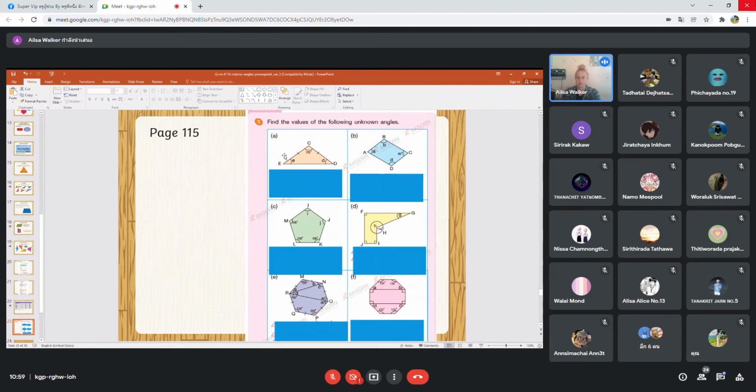We could do 180 minus, what's the value of this angle, C? 105.